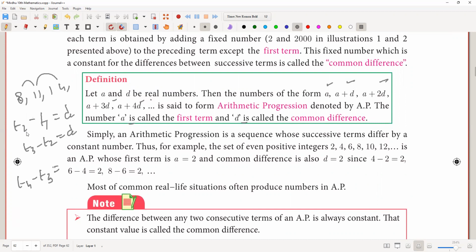If all this, T2 minus T1 equal to T3 minus T2 equal to T4 minus T3, then it is an AP. If the common difference is not same, it's not an AP. Alright.